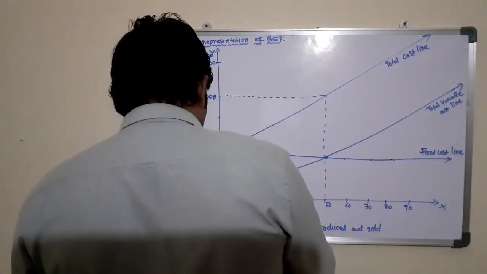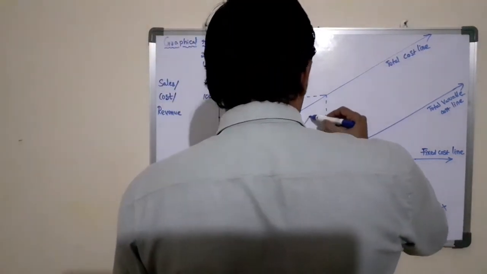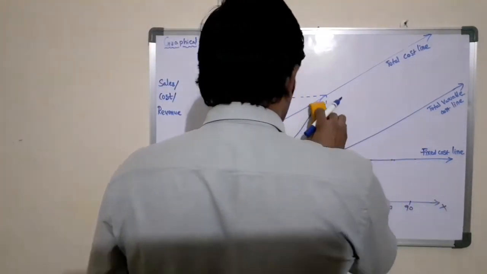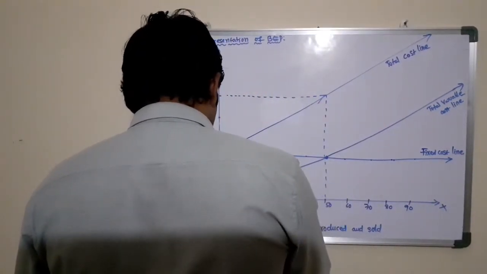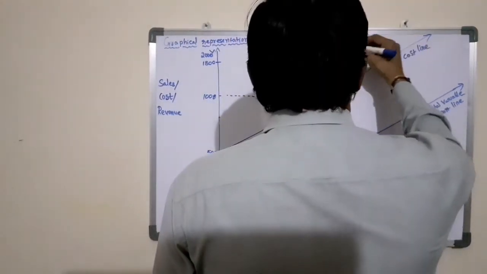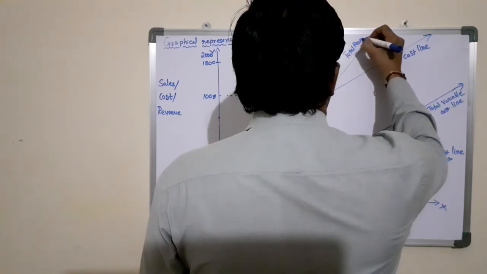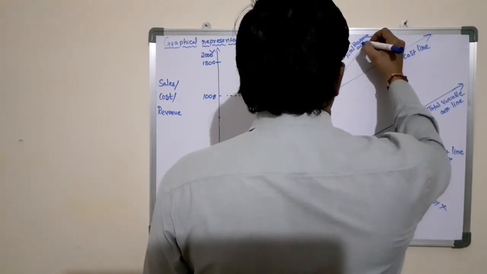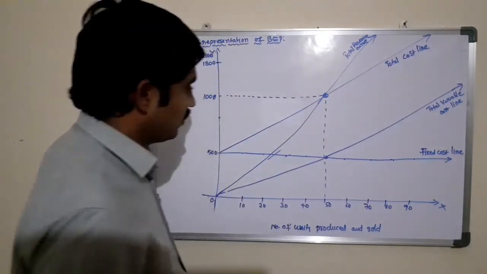It starts from 0, it will move up, it will flow from left to right upward. This is the total revenue curve.